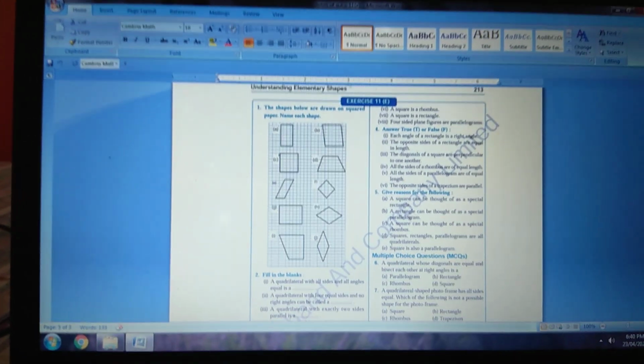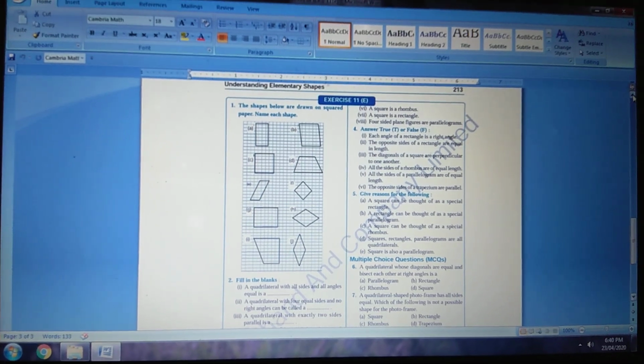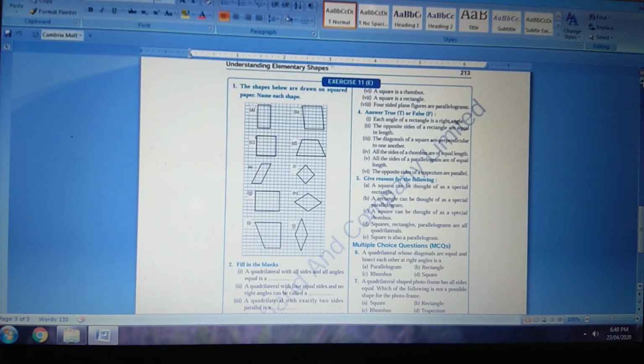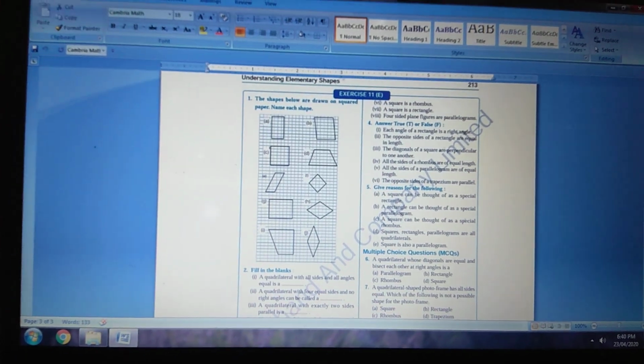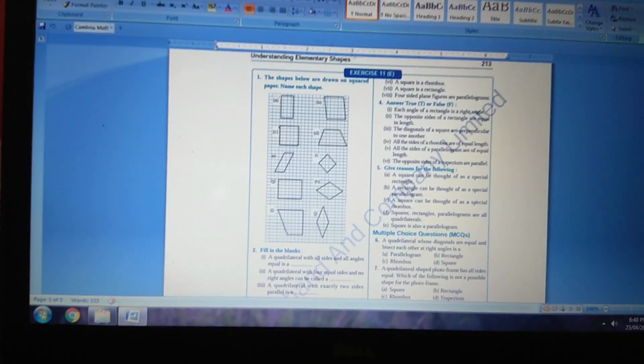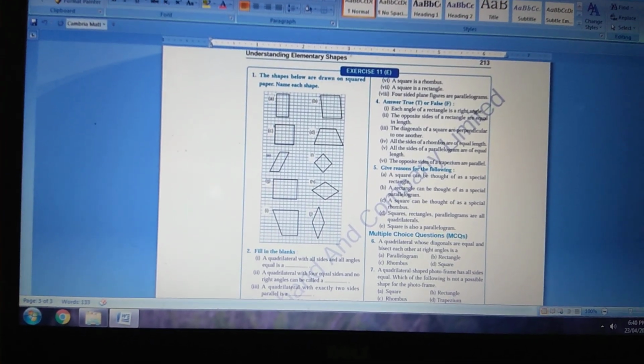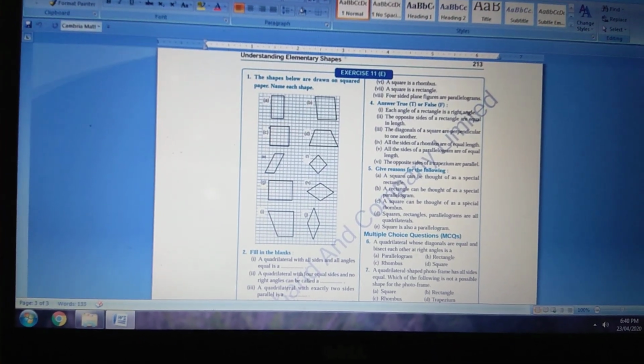So from exercise 11E, questions 1, 2, 3 and 4 are given as homework. They can solve the homework in their book using pencil. In our next class, we will start with question 5 where we need to give reasons.